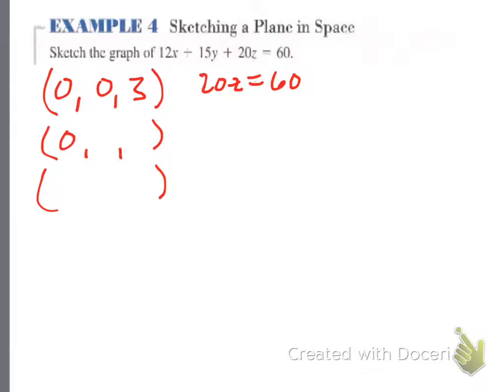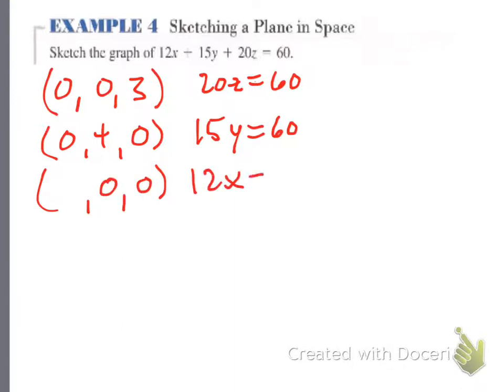If we let x and z be 0, that means 15y equals 60, so y equals 4. And if we let y and z be 0, we get 12x equals 60, so x equals 5.